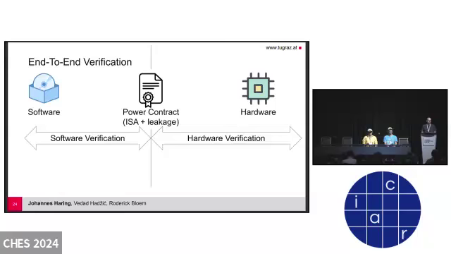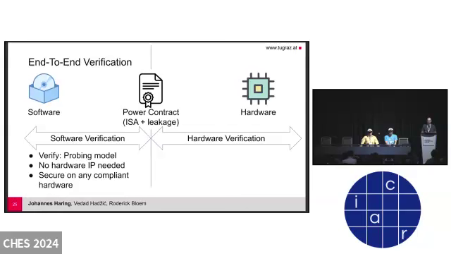And this gives us some benefits. First of all, for software verification, we verify that the software is compliant to the contract by verifying the probing model, in our case, the T-probing model, against it. This is very nice because we do not need the actual hardware implementation for that.